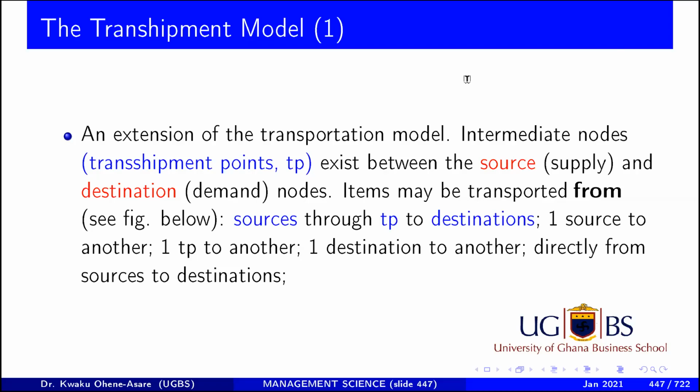Okay, so what I want to do now is extend the transportation model to another model called the transshipment model. This is an extension of the transportation model. The only difference is this. Once again, you will have some kind of nodes.